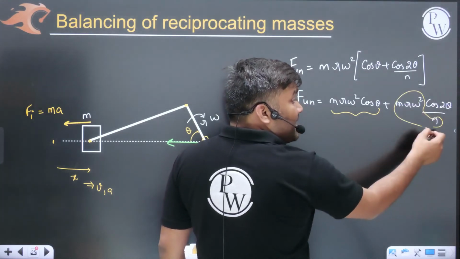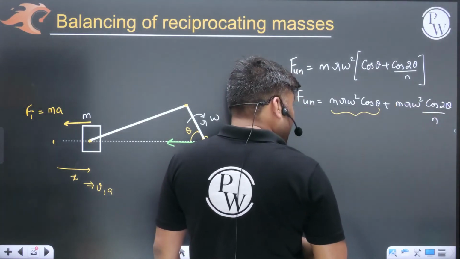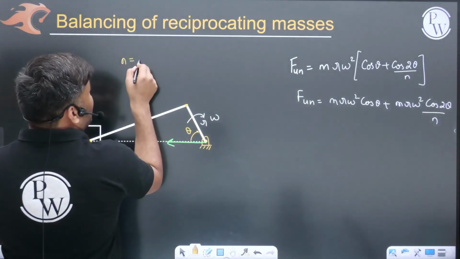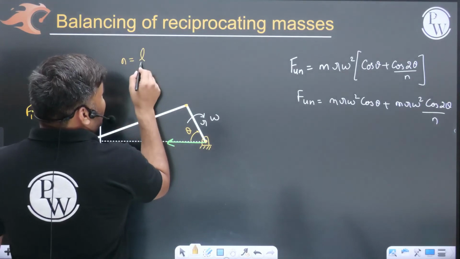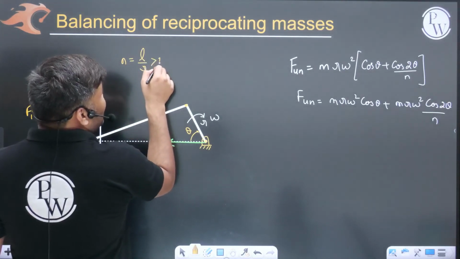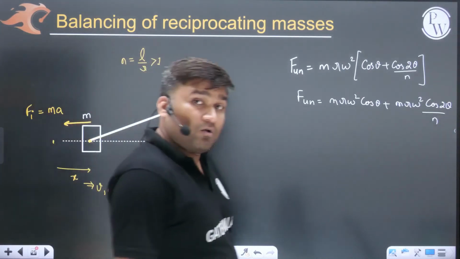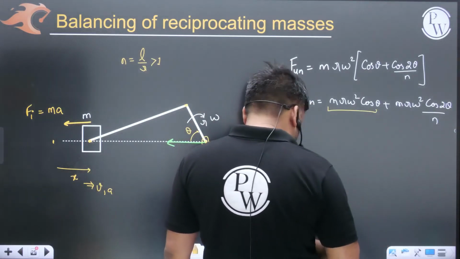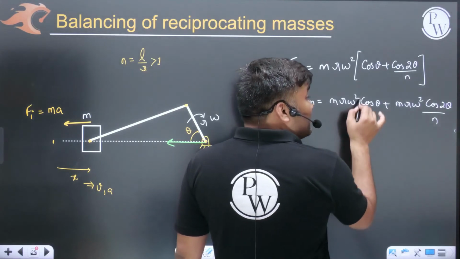सर ये डिवाइड बाई n है, and this n का value is large. Everybody knows, I have already told. This is r, this is l. n का value होता है connecting rod का length divided by r. l by r more than 1 होता है this value, always, always. Can I say this part of the unbalanced force seems larger? Why? Amplitude is this.